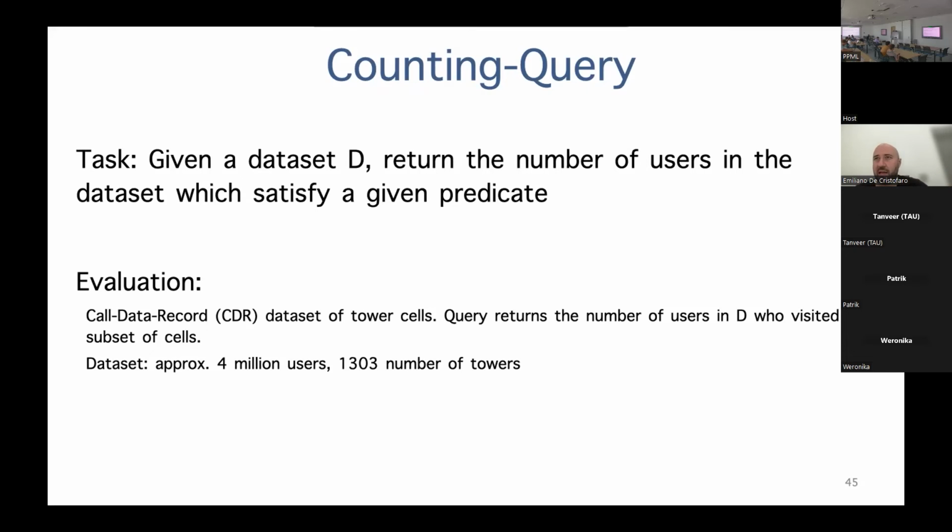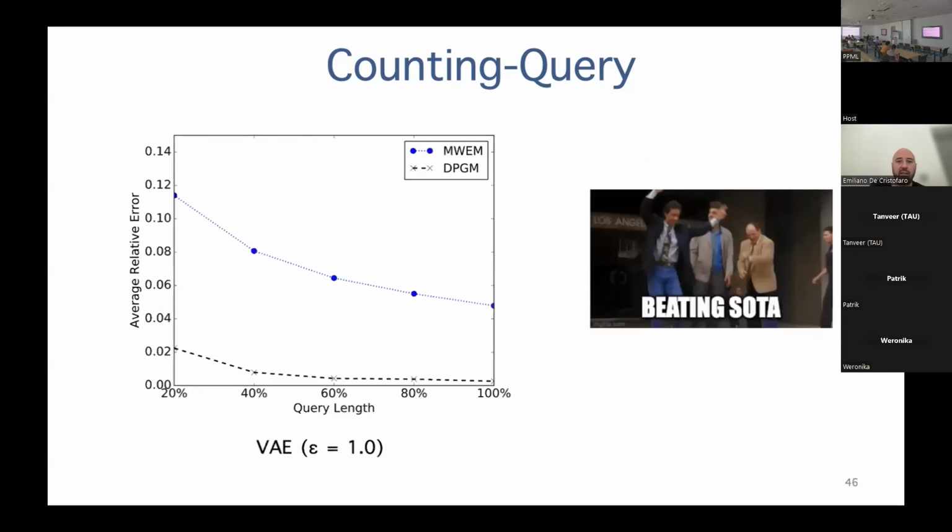So again, one application would be to generate synthetic data sets from it, and then run this counting query. So how many people are connected to this tower cell? How many people are roughly in this location at lunchtime? Actually, this is a real data set that we got from a telco in a collaboration that some of my co-authors at INRIA had, and we can see that the error of our algorithm compared to the state of the art is very, very low.